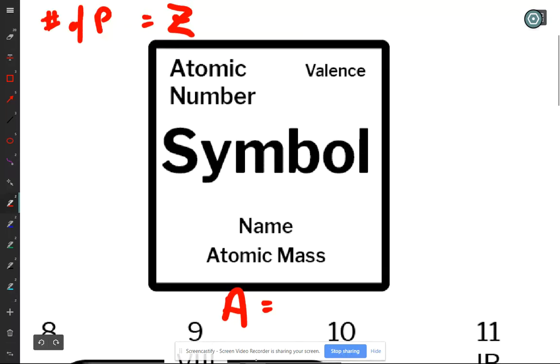And what does the atomic mass tell you? The number of neutrons plus protons. Why? Because the mass of an electron is so small that it's essentially just the sum of those two. Now, if you want to be specific, some places will use atomic mass and we will say A is an integer.